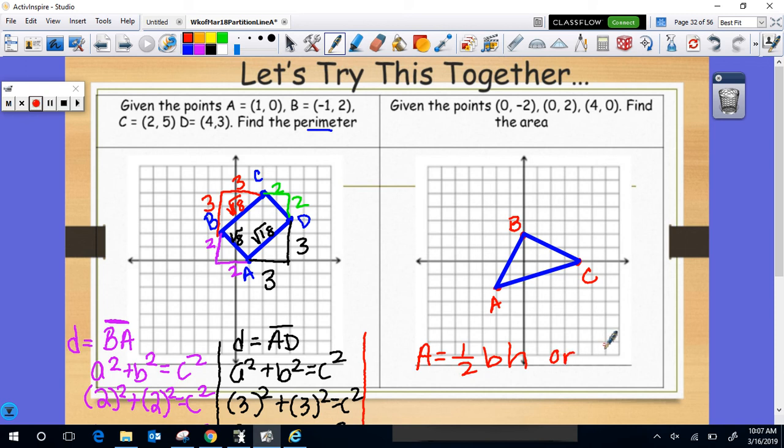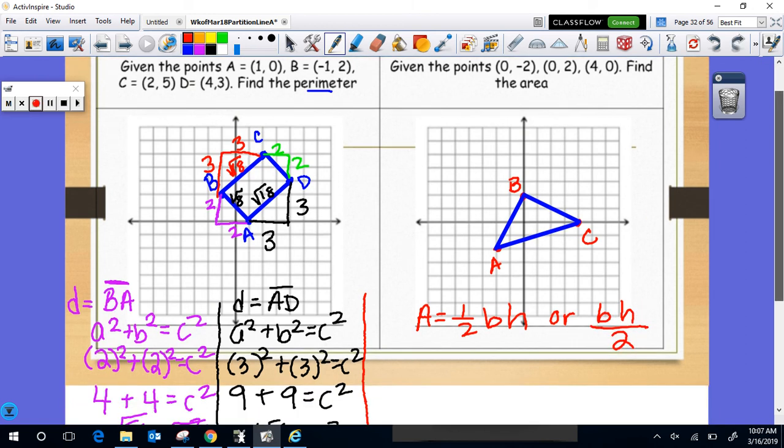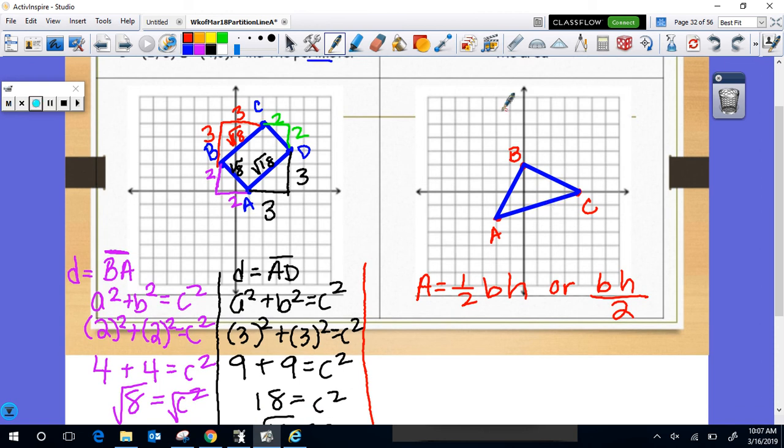You can do base times height divided by 2. So either way, both formulas are correct. We need to find out what the base of this triangle is and what the height of this triangle would be.